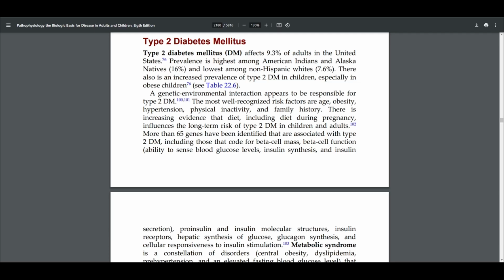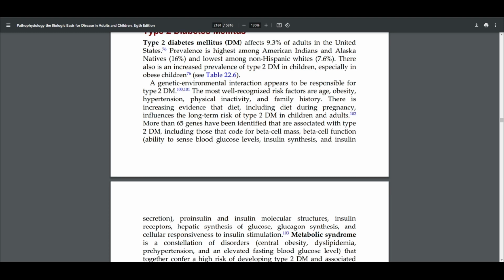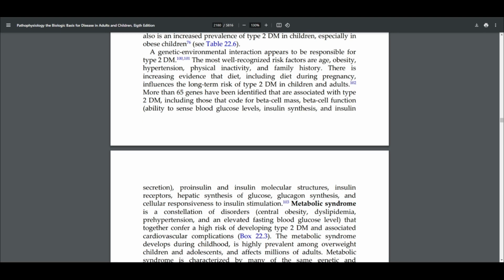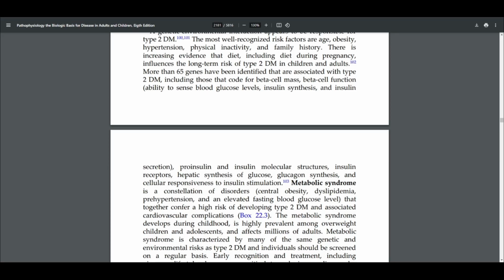The most well-recognized risk factors are age, obesity, hypertension, physical inactivity, and family history. There is increased evidence that diet, including diet during pregnancy, influences long-term risk of type 2 diabetes in children and adults.